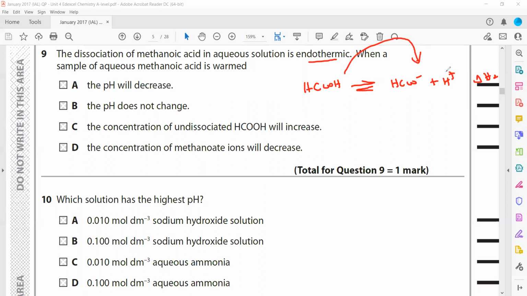So more hydrogen ions will be produced. And what is the relation between pH and hydrogen ion? pH equals minus log of hydrogen ion, and negative log here means they're inversely related. So if the amount of hydrogen ion in the solution increases, the pH will get lower. So what happened to the pH? The pH will decrease.